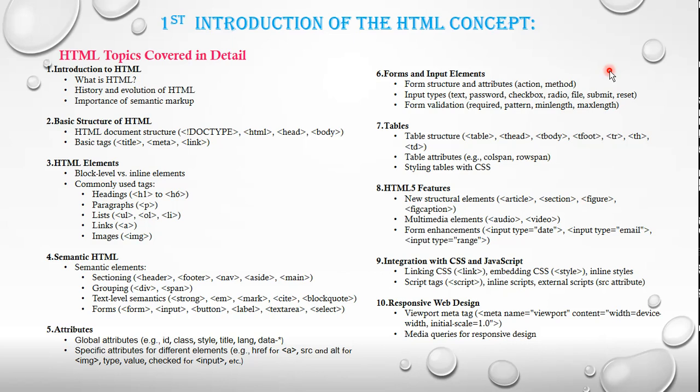Rahul, just go through the 6th point, from structures and attributes. Input types: text, password, checkbox, radio, file, submit, preset. And for form validation: required, pattern, minlength, maxlength. Do you get any idea at all what we are using them for?